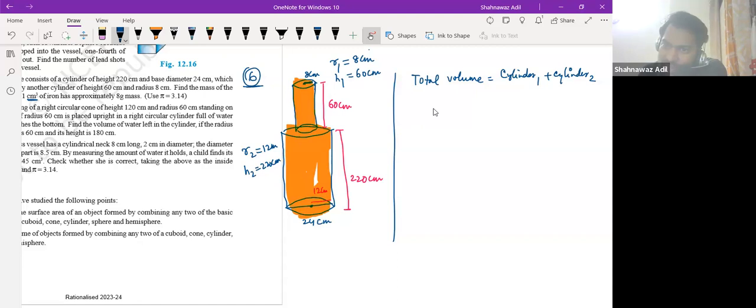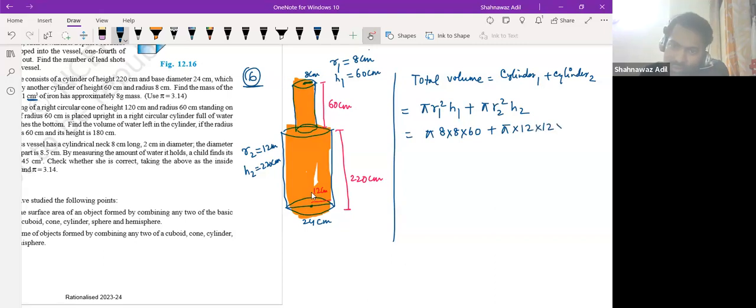So total volume is pi R1 square H1 plus pi R2 square H2. This is pi into 8 into 8 into 60 plus pi into 12 into 12 into 220.